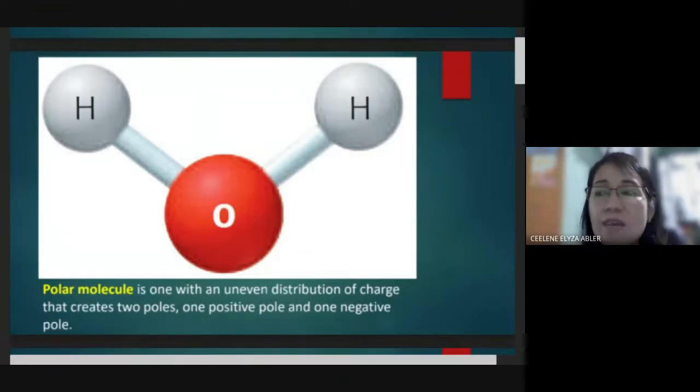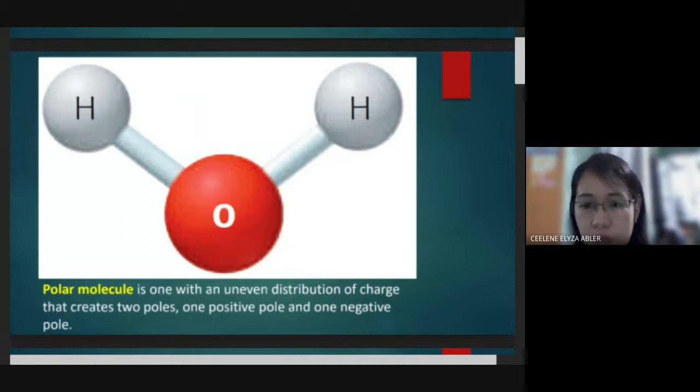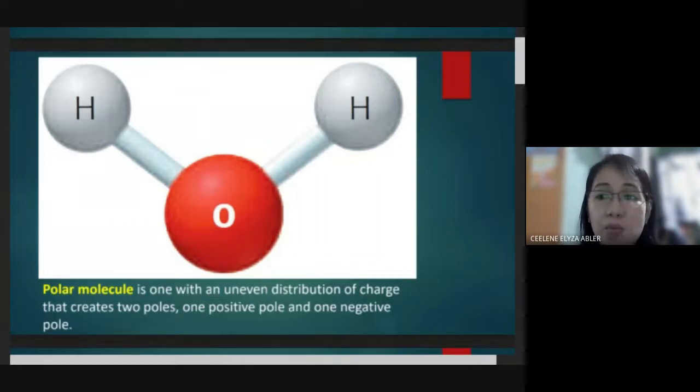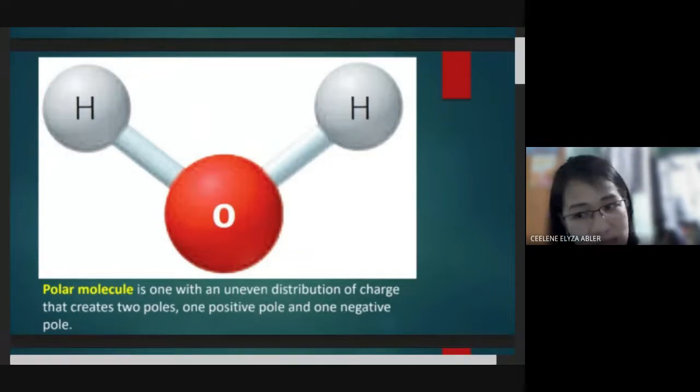So, kaya nga, very useful si water as a solvent. It's because the bonds between them are actually weak. And madali si water mag-disassociate, we call it disassociation, to form solutions. Okay? Kaya meron tayo yung mga terms like solutions. It's because water is actually bonded weakly using polar covalent bonding.